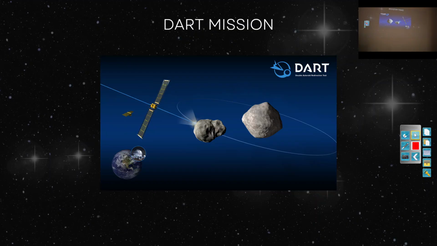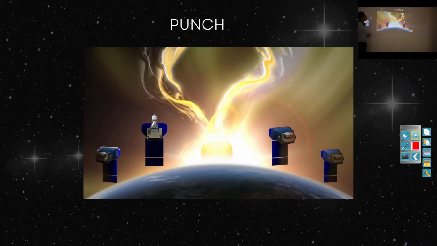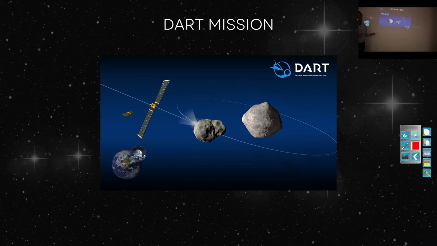Okay, that is about DART mission. And it was launched in 2022.